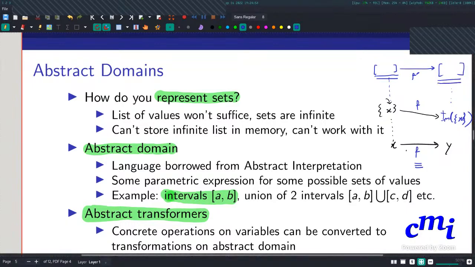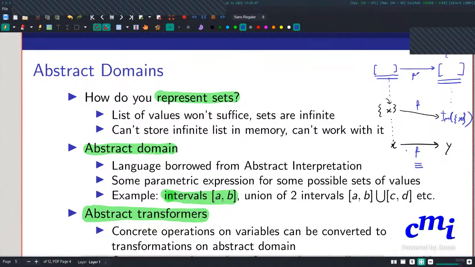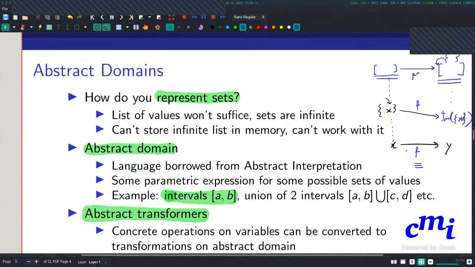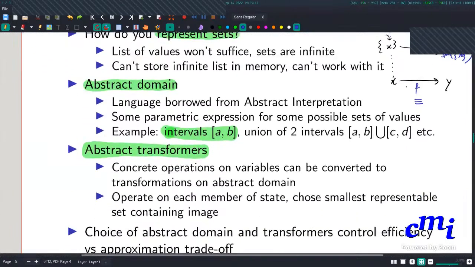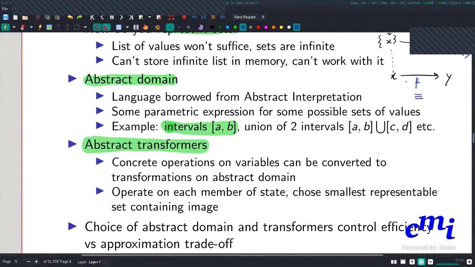So you might have some complicated function that takes x somewhere else, you apply that function on all of the elements of an interval, you get some set over here, and you try to find an interval which contains this set and is tight. So this is the way you can do some abstract transformation, and this is exactly what Sir was saying in terms of pushing intervals through.